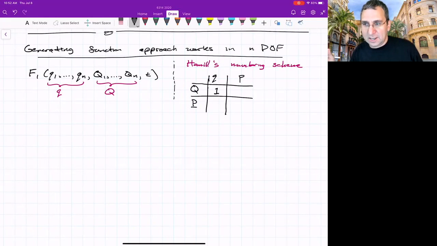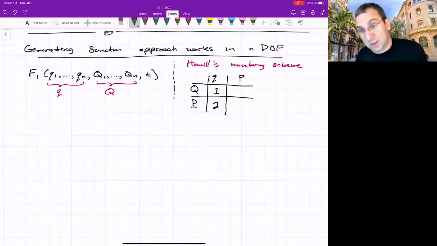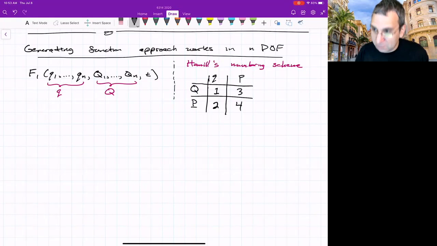That's a generating function of the first kind. If it's little q and big P, generating function of the second kind. Little p and big Q, generating function of the third kind. And both p's, little p and big P, that's the generating function of the fourth kind.